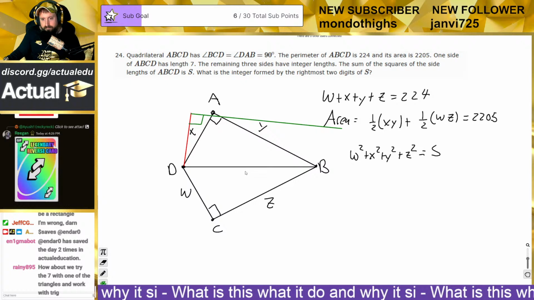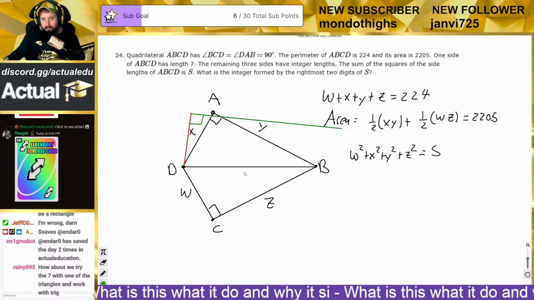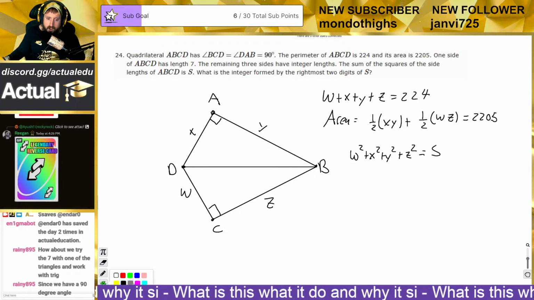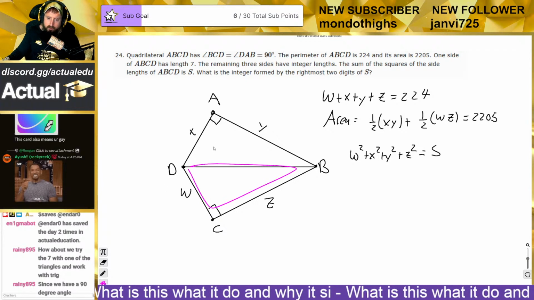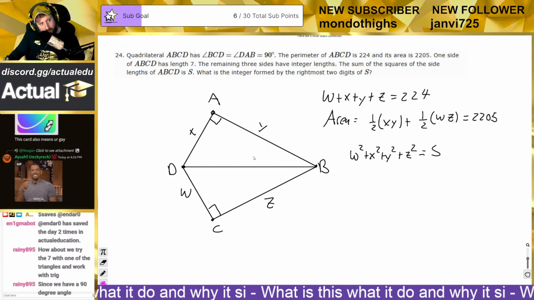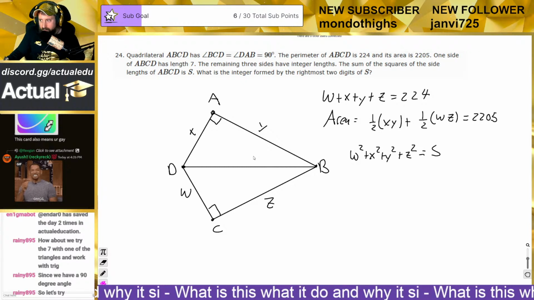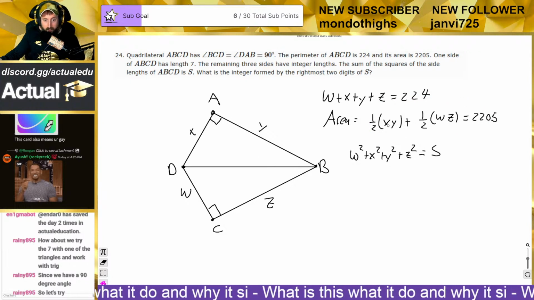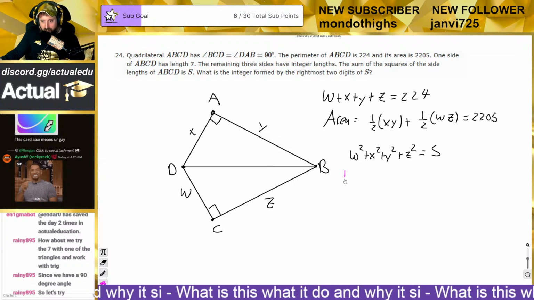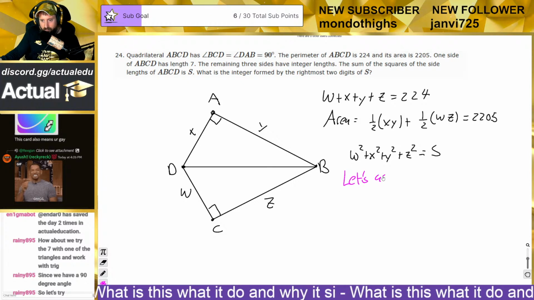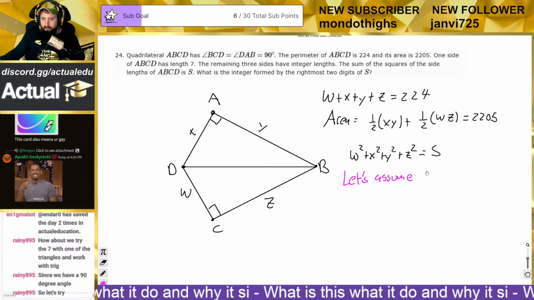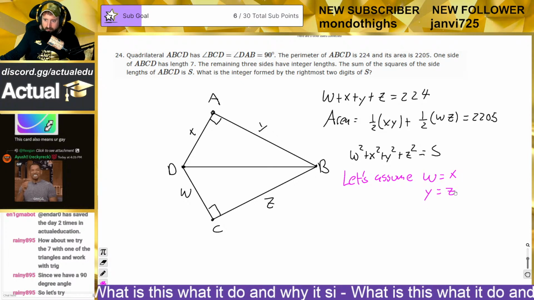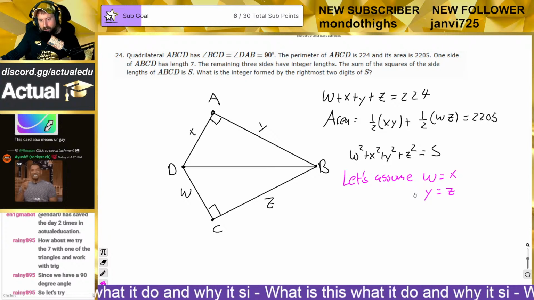I'm going to go out on a limb here, and I believe that these two triangles are similar. I think I'm allowed to say that. So instead of defining the area this way, let's assume that W is equal to X, Y is equal to Z. I'm not sure rigorously how I prove that.